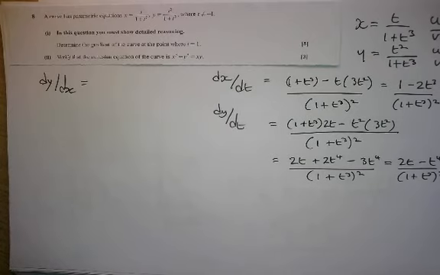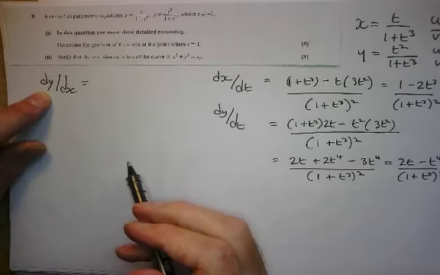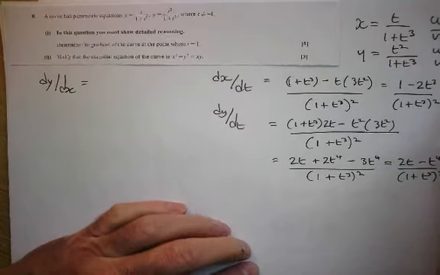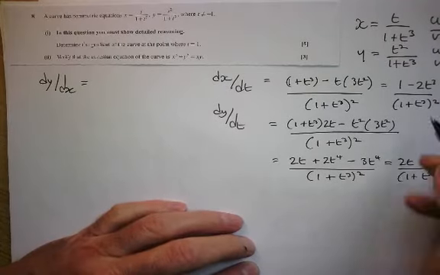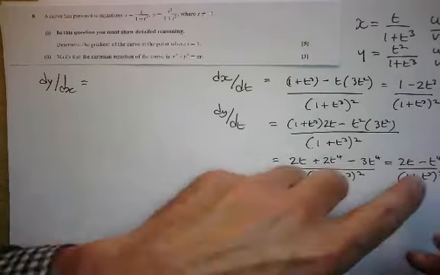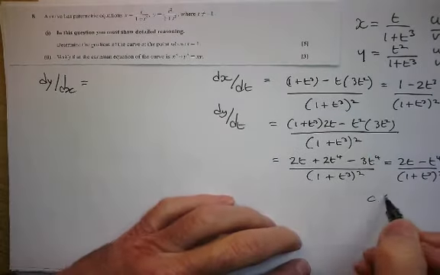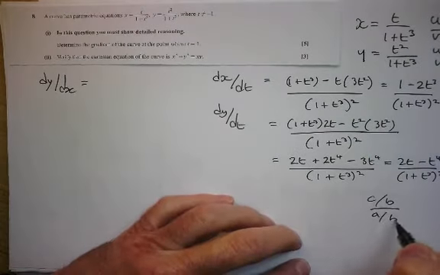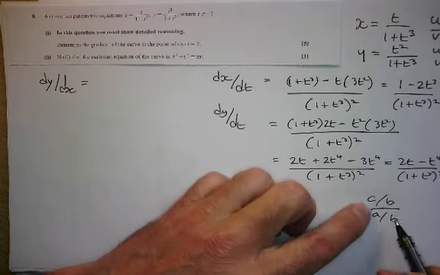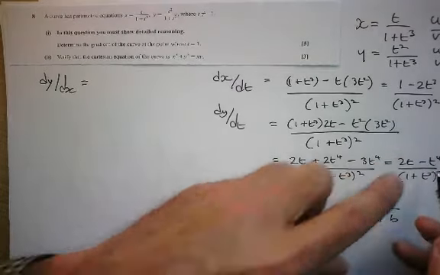So good so far. Now I want the gradient, which is dy dx. And I know this is just very simply put: if I call the numerators c and a, and the denominator b is the same, I want dy dx, so I want cb over ab. And as you can see, the b's cancel, so it's c over a.